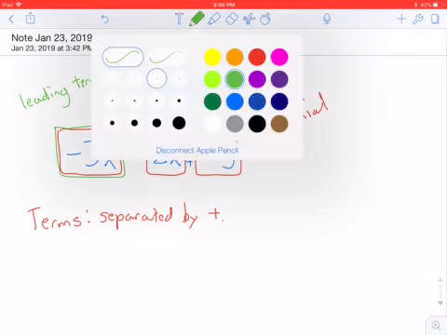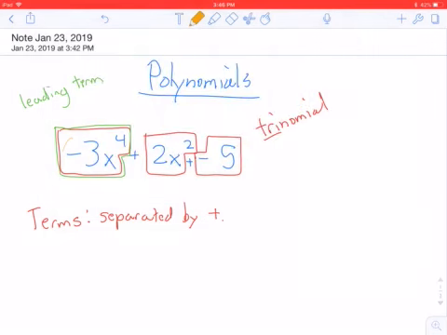Within the leading term, in orange, we have the leading coefficient. The leading coefficient is the number that the variable is being multiplied by. Leading coefficient. So the leading coefficient is negative 3.